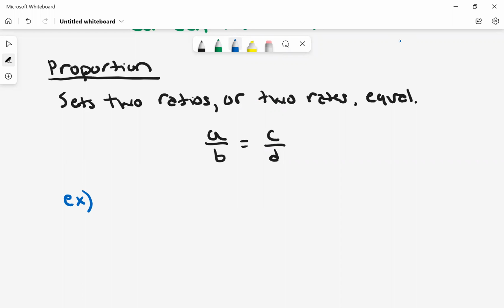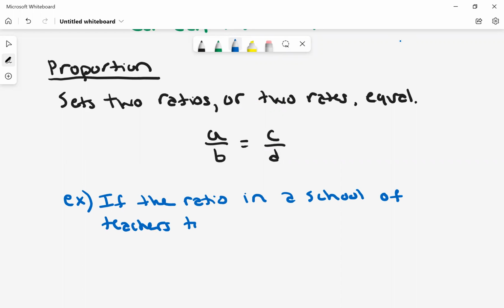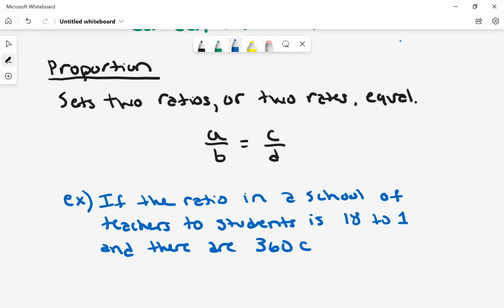Let's say if the ratio in a school of teachers to students is 18 to 1, and there are 360 students, how many teachers are there?